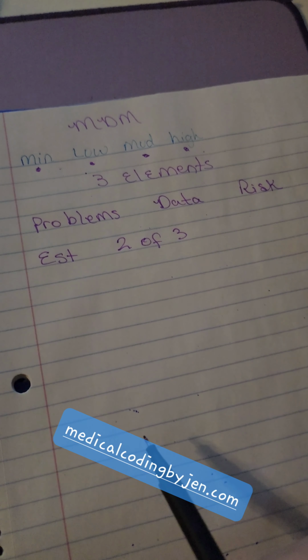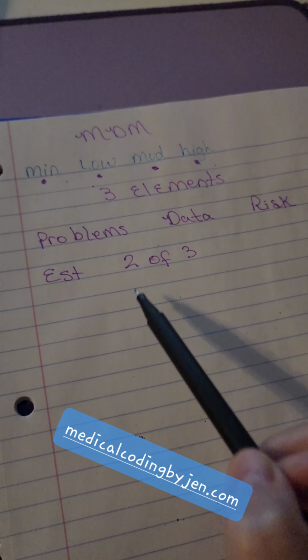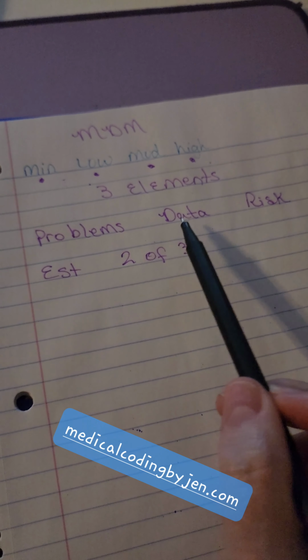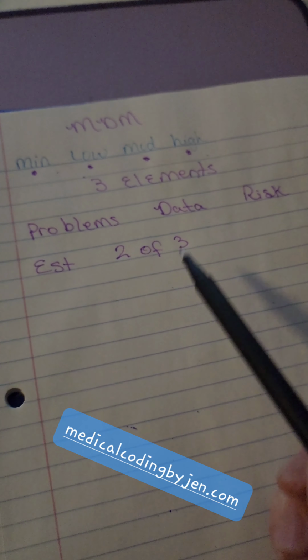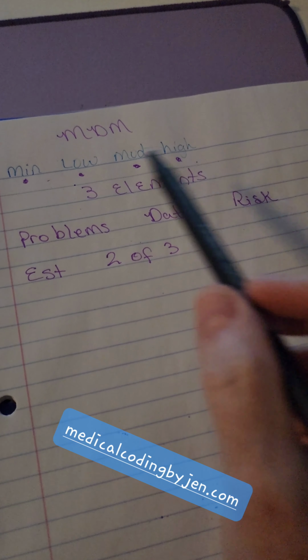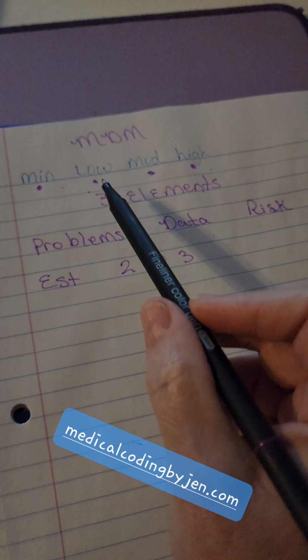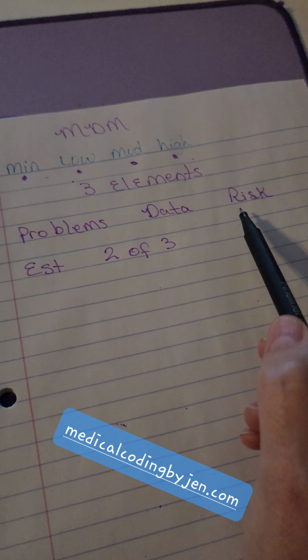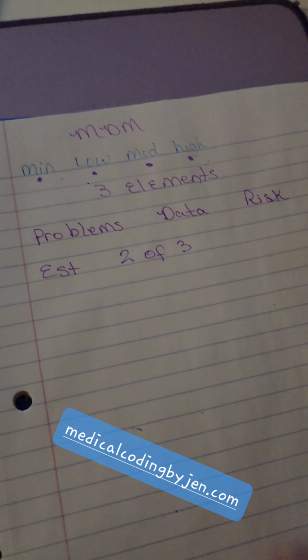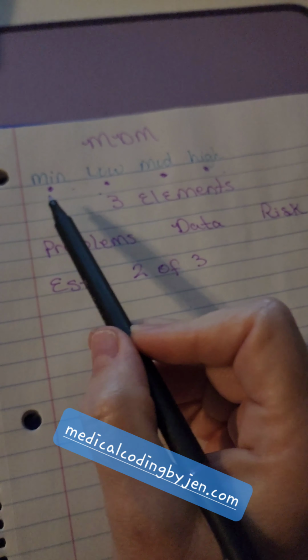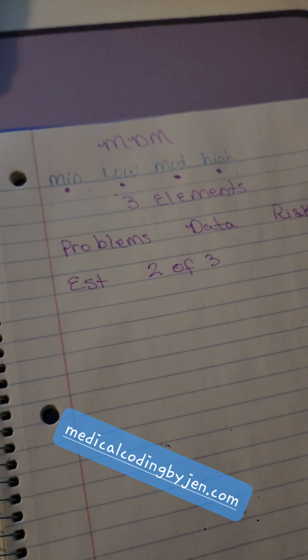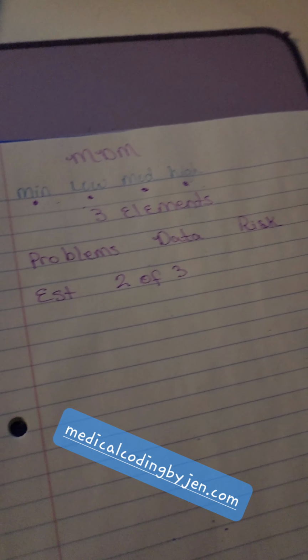Meaning our problem list, if it's minimal, but then our data that we reviewed was low, and then our risk was still low, we would be able to bill a low because 2 of them, the data and the risk, were both low. We can throw away our lowest one, which is our problem list, which was minimal.